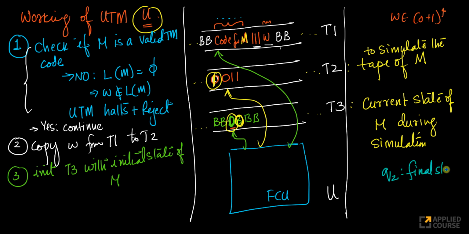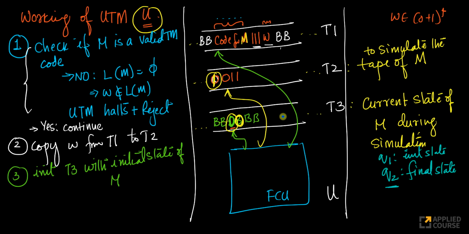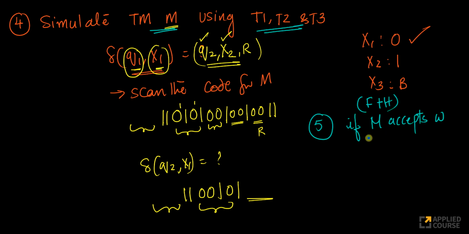By default, in the binary encoding, the final state is Q2, the initial state is Q1, right? So if I've reached a final state and if I've halted, so final state plus halt, then while reading W, M accepts W, right? And I can easily decipher that, right?